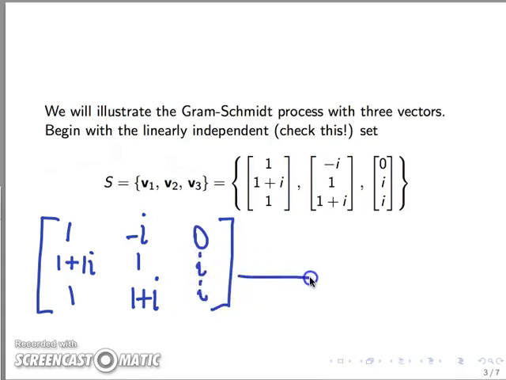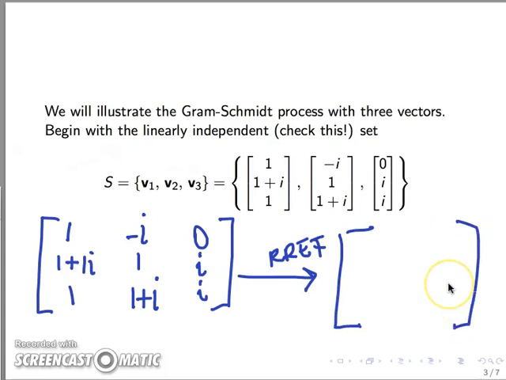Then we compute the RREF for this matrix to verify whether or not these vectors are linearly independent. What we find by row reducing is that this matrix row reduces to the identity, which verifies that this set is linearly independent.